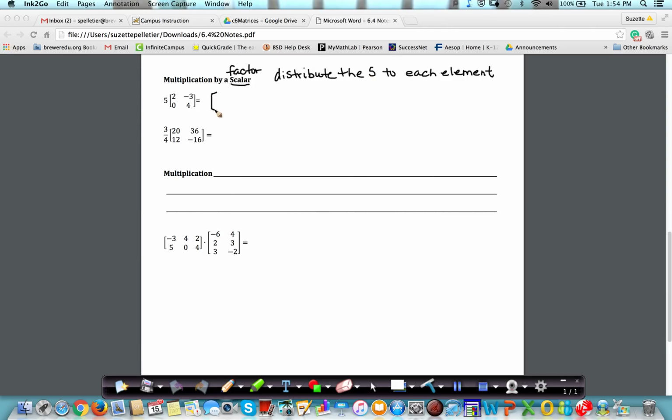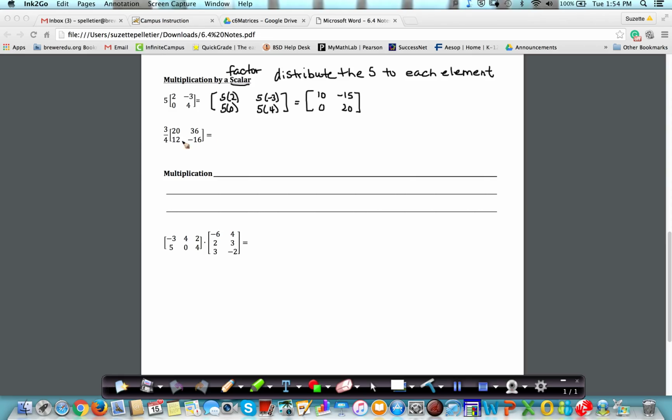I'm going to write it out this time. 5 times 2, 5 times -3, 5 times 0, and 5 times 4. And as you can see, we get a resulting matrix of 10, 0, -15, and 20.